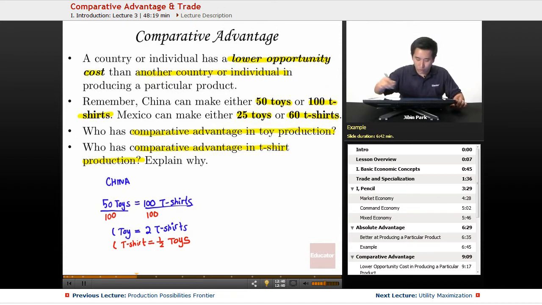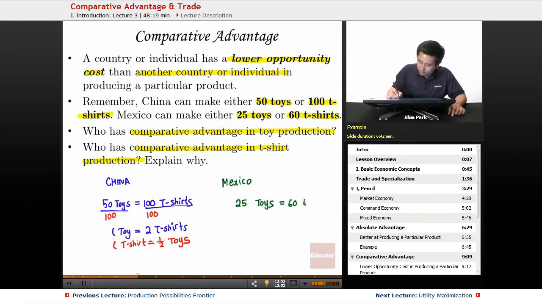And we'll go ahead and use that shortcut here for Mexico. So Mexico, on the other hand, can either make 25 toys or 60 t-shirts. So let's go ahead and divide here by 25 to get what one toy would equal here. So one toy equals 60 over 25.